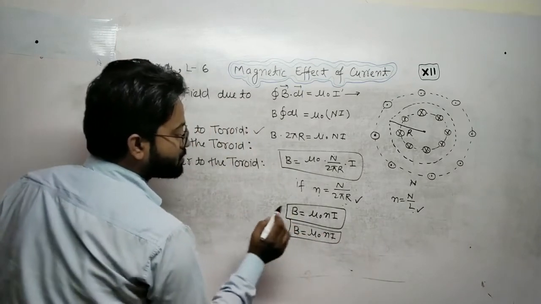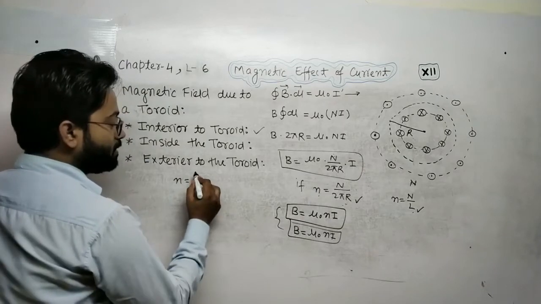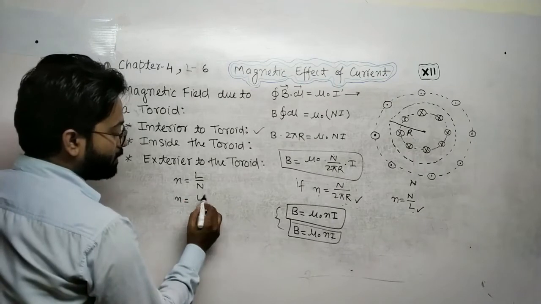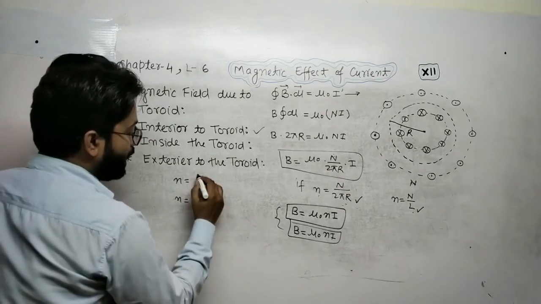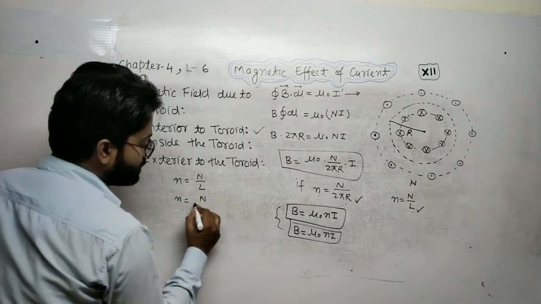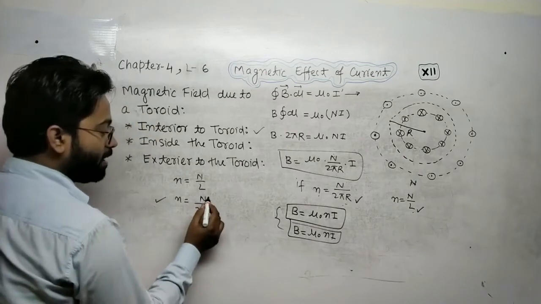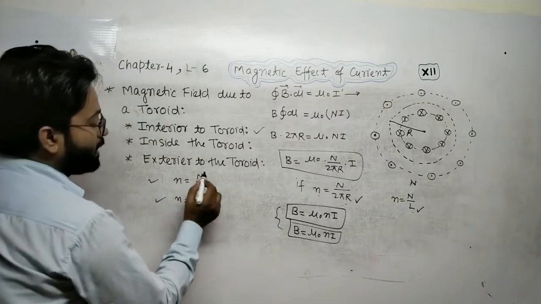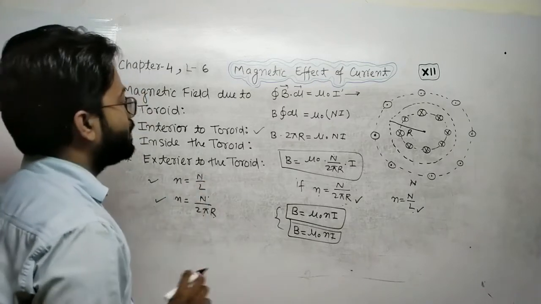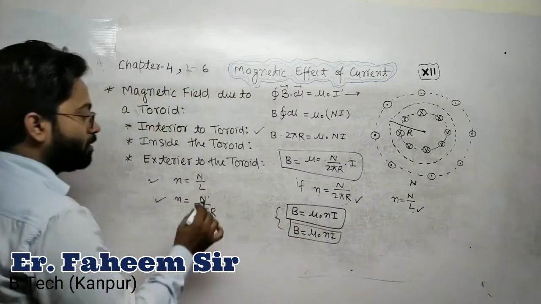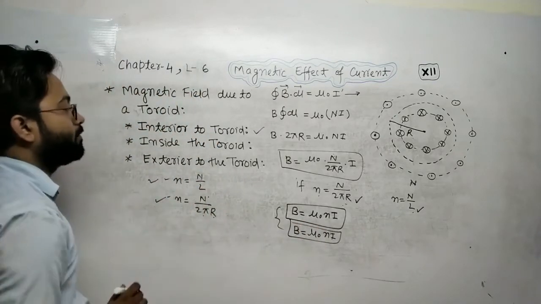Both the formulas are same, but small n in the solenoid is N upon L, in the toroid this is N upon 2 pi r. Both are length. The formula is same, but the formula for small n is different.